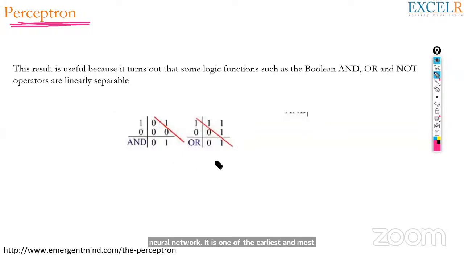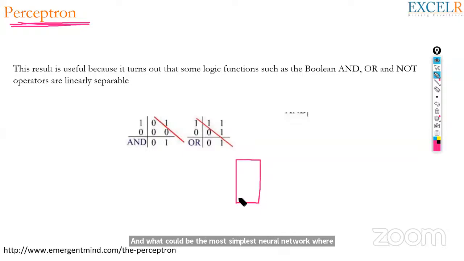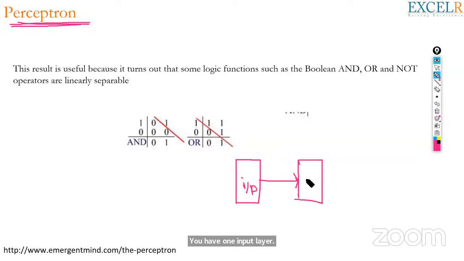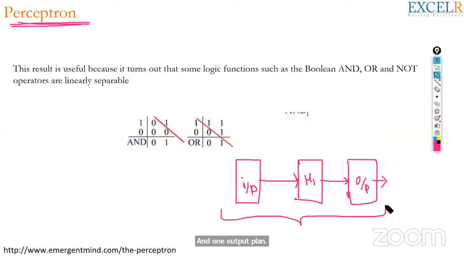What could be the simplest neural network? One where you have one input layer, one hidden layer, and one output layer. So the simplest network is called a perceptron.